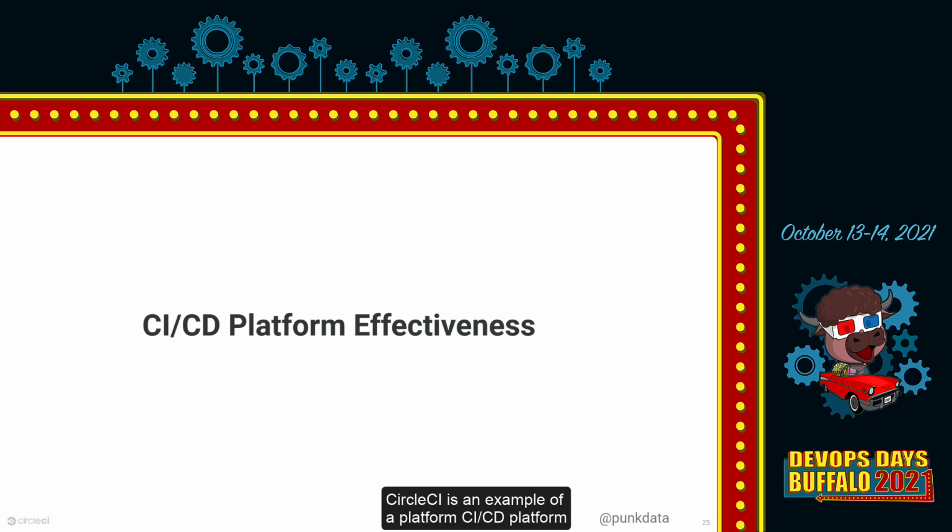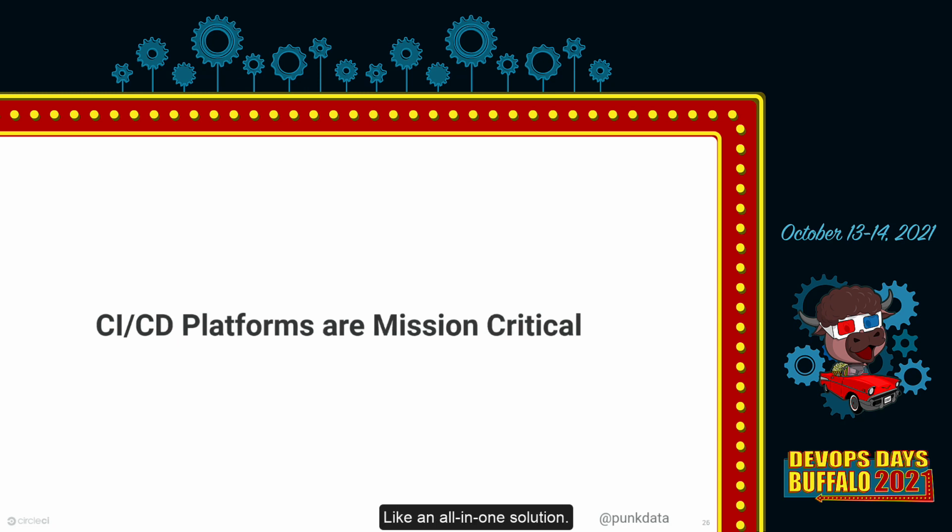Circle CI is an example of a CI/CD platform that is solely focused on CI/CD, and it's not a bolt-on to a bigger solution, right? Like an all-in-one solution. So teams must understand that reliance on CI/CD tooling and execution is essential and will increase dramatically, further cementing your CI/CD platforms as mission critical and will cripple productivity if not properly managed or maintained.